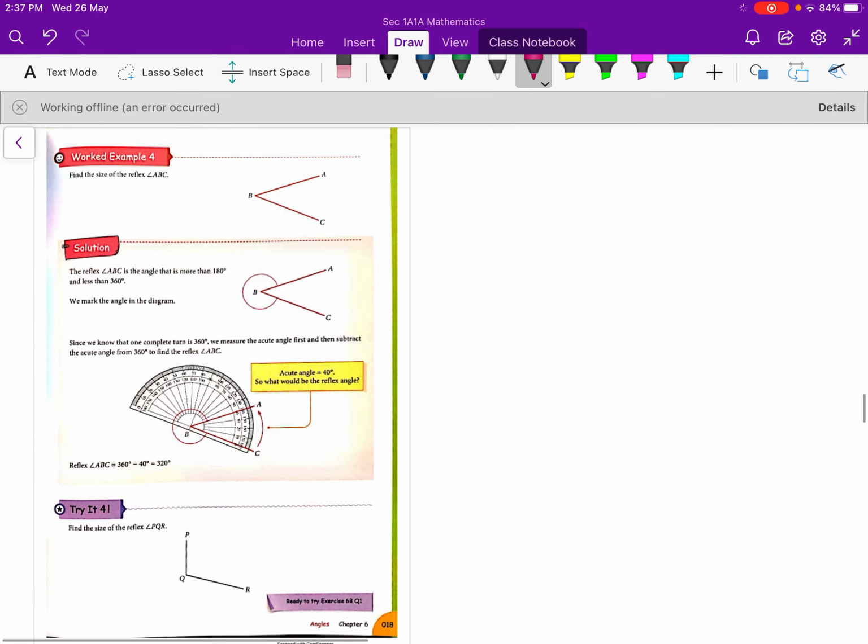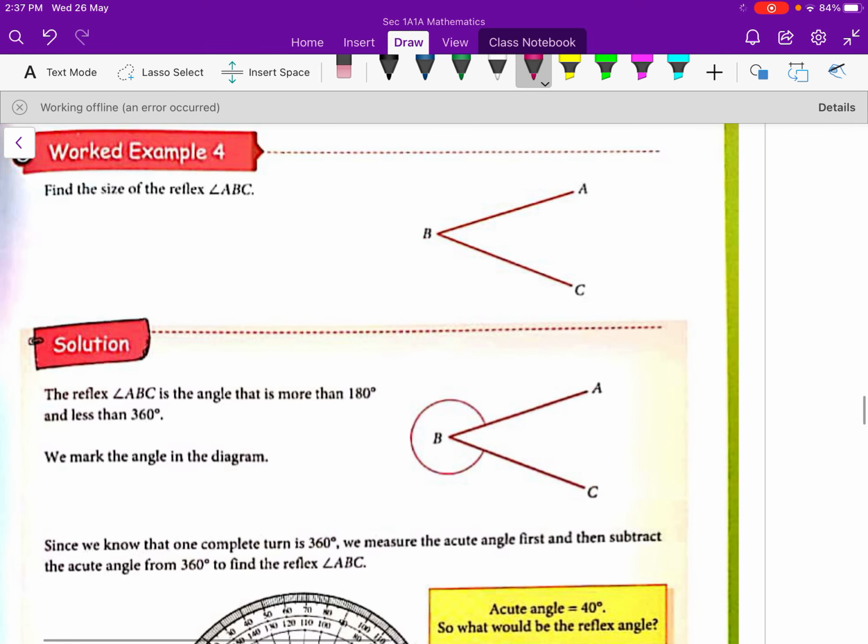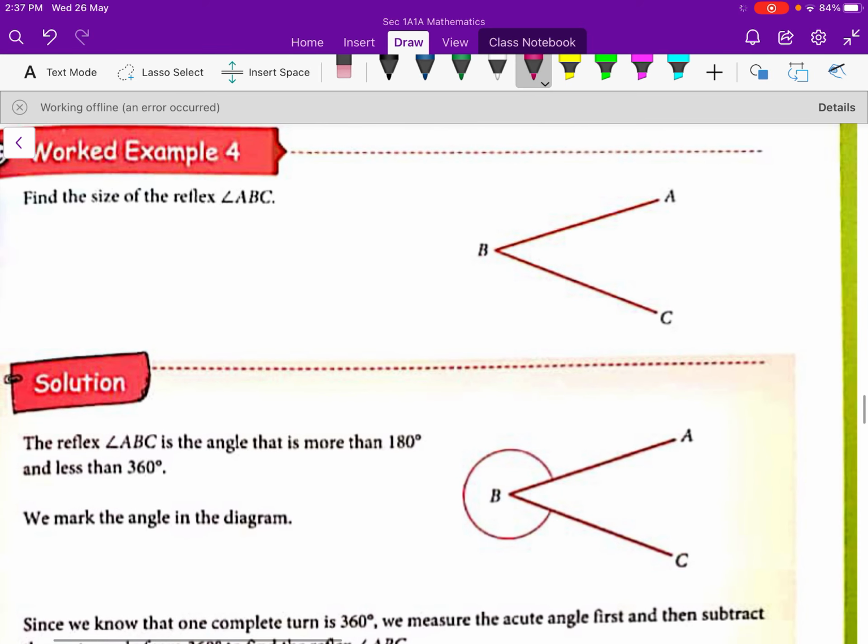The next portion is to find the size of a reflex angle. So remember our weekend homework was to take photos of angles at our house, and I noticed that we had the least photos for reflex angles. Okay, recap again.